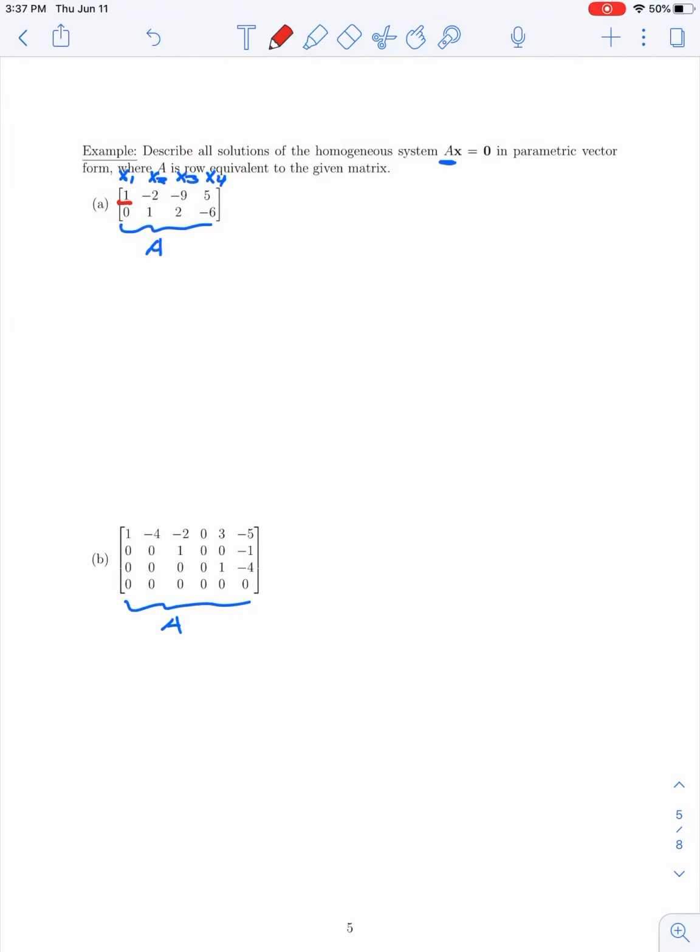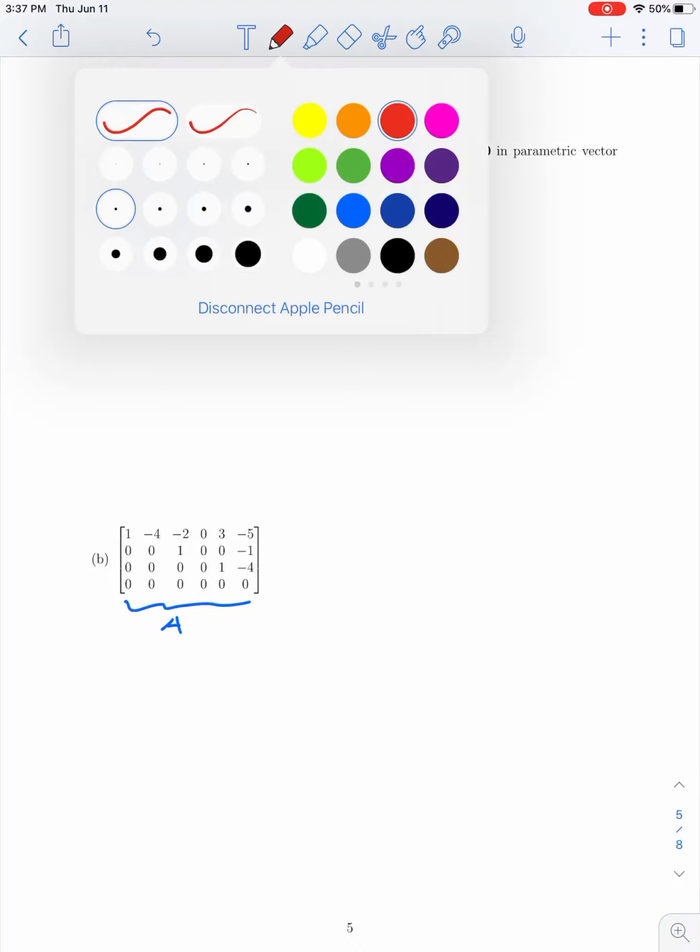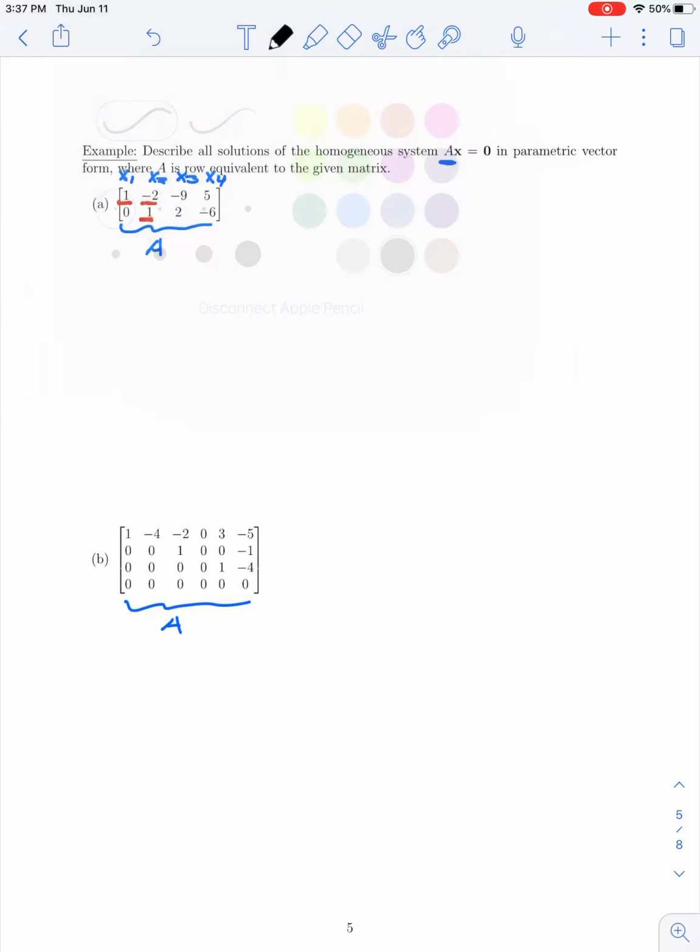So we have a 1 as our lead coefficient with the 0 below it. And in our second row, we have a lead coefficient of 1, but we need to eliminate the -2 above it. So to put this in reduced echelon form, we could simplify a little bit by taking my first row and adding 2 times the second row to it.